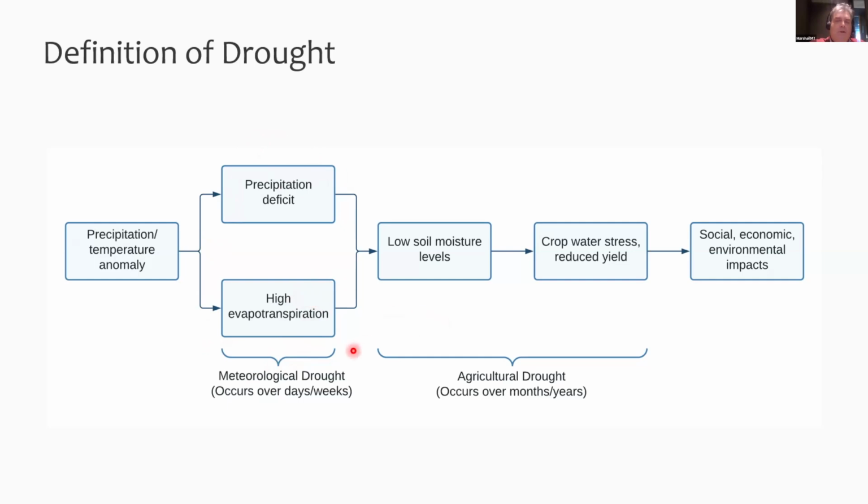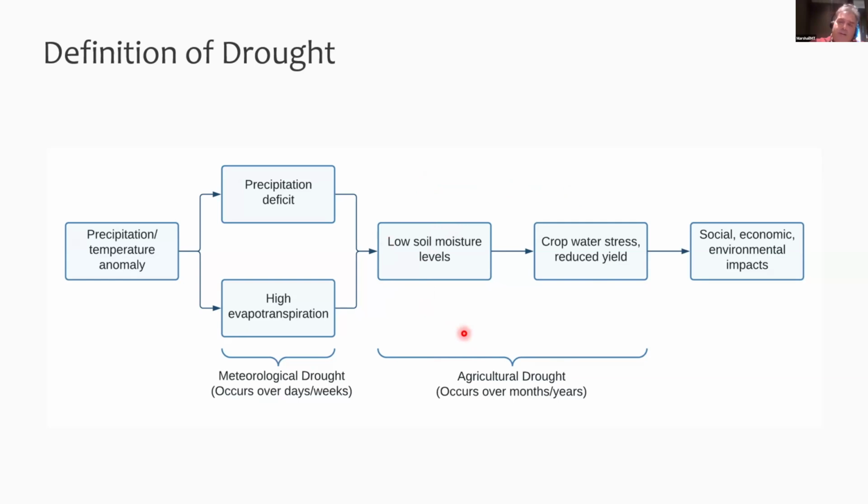Now, if this situation persists over several weeks, months, or years, this has an impact on soil moisture levels, and this ultimately can stress crops or forage in terms of livestock and reduced yield. And this is what we call an agricultural drought. And as an agronomist, this is really what we're interested in.